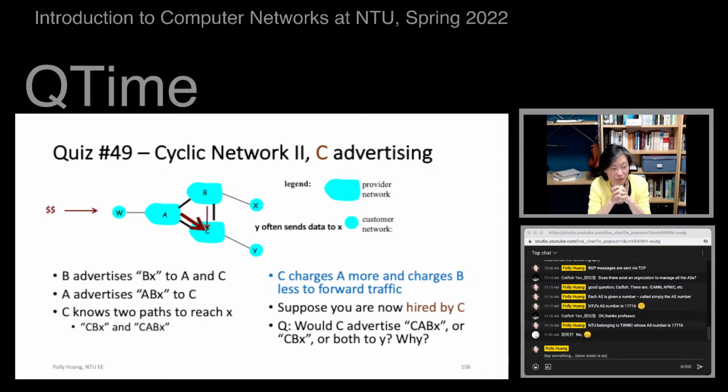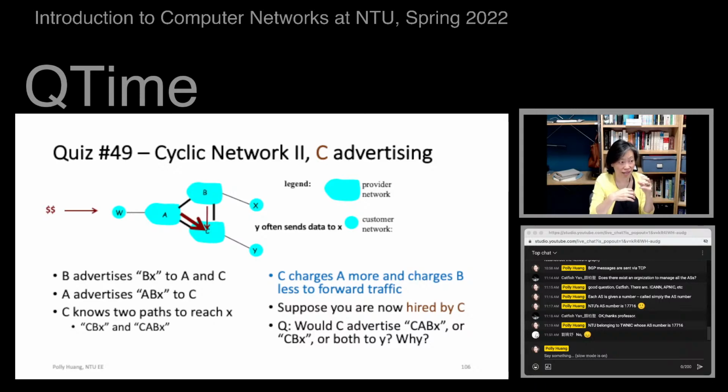Now, look at the money flow here. C, being the oldest ISP, charges A more. And C charges B less to forward traffic. So what I'm trying to say here is that B pays C to forward traffic.